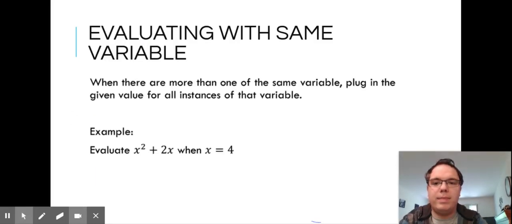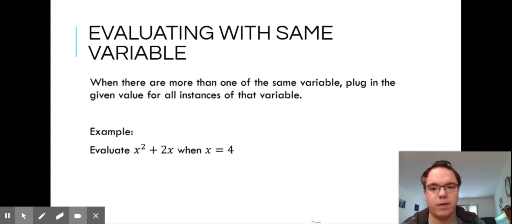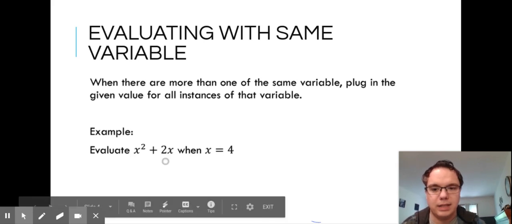All right. What happens when we have two or more of the same variable? Well, whatever value they give us for our variable, we're going to plug in for all of them. So if I have x squared plus 2x when x equals 4, that means I'm going to plug in 4 for this x and this x.